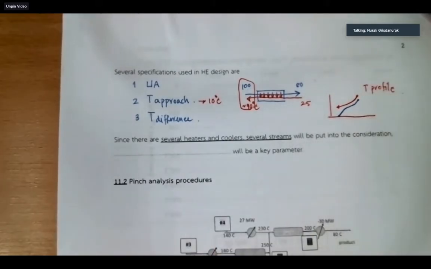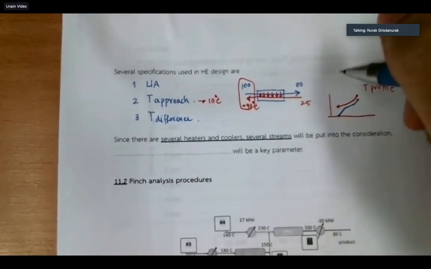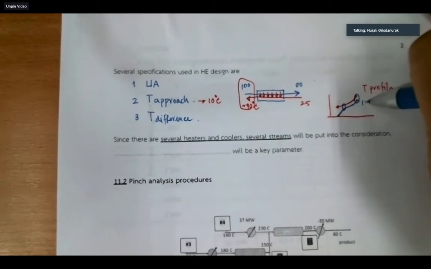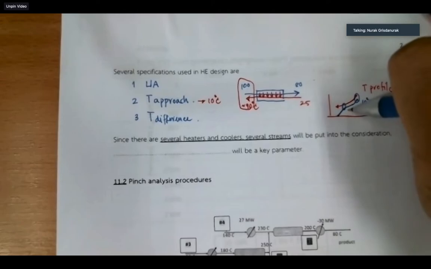So the temp difference may be at some points like that. The point here is about 10 degrees Celsius, but the point here is less than 10 degrees Celsius, could be like 5 degrees Celsius.